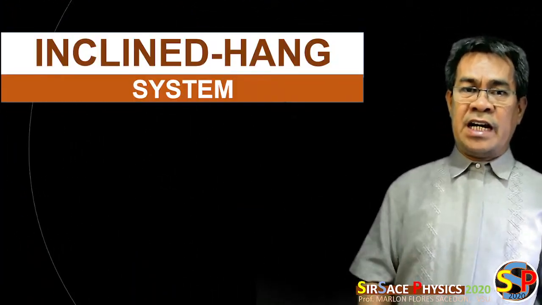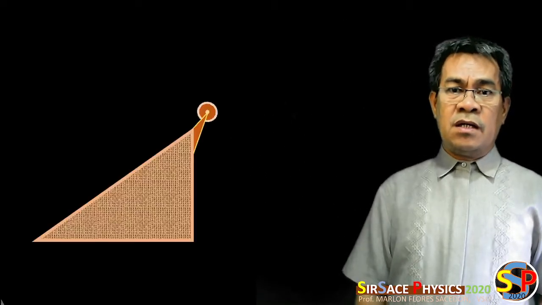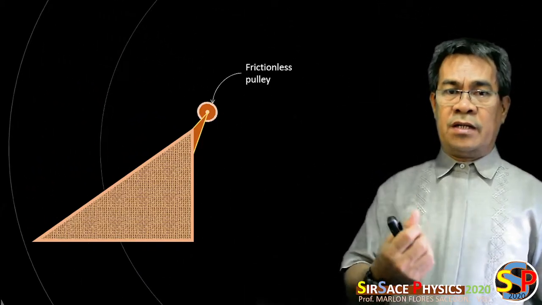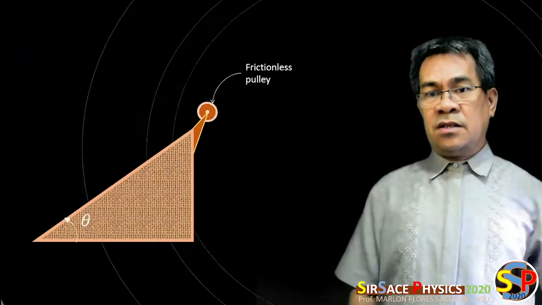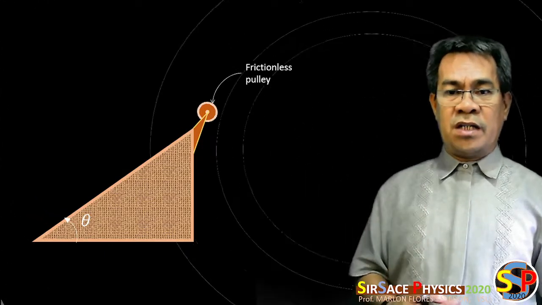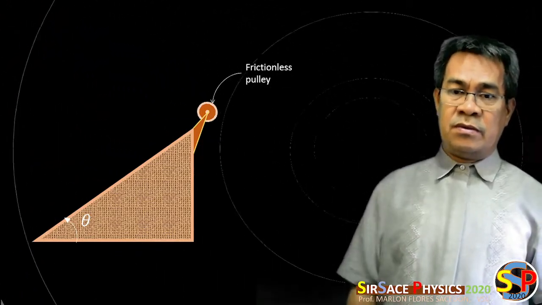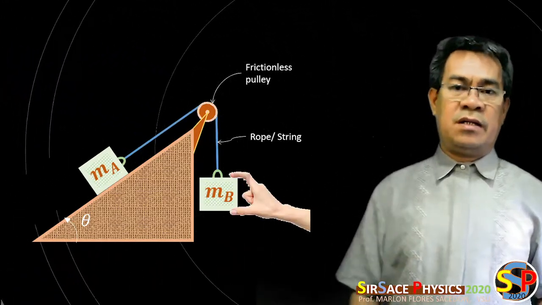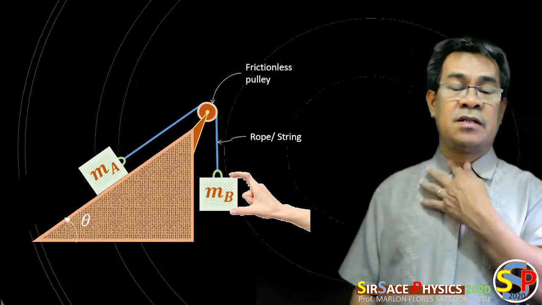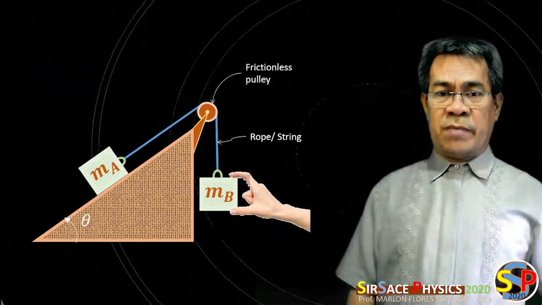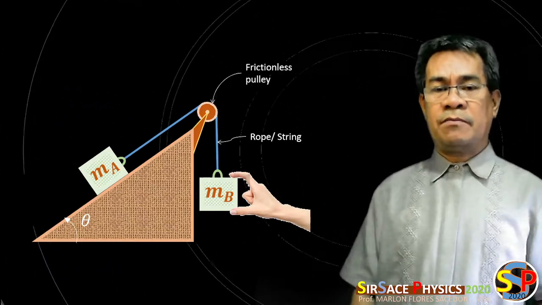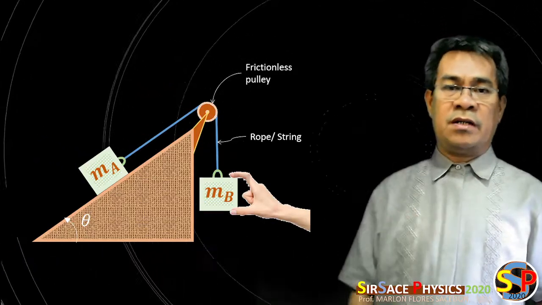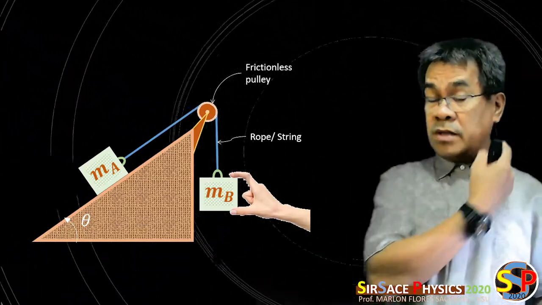Now for the incline-hang system. If we have an inclined plane with a pulley attached to it, and the pulley, take note, is a frictionless pulley, then we let the angle of inclination of the inclined plane be theta. If we have objects A and B connected by means of a rope or string, and the rope passes over the pulley, we will disregard the friction between the rope and the pulley, and also the friction of the pulley itself.